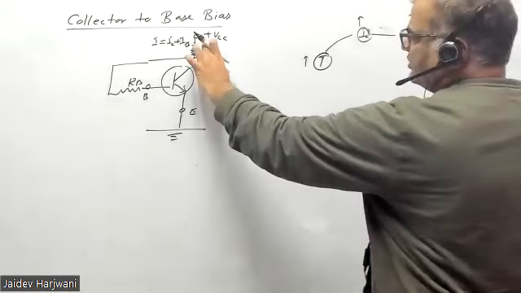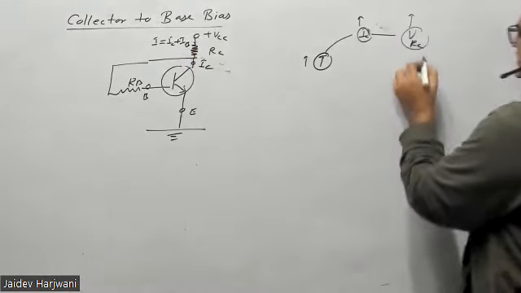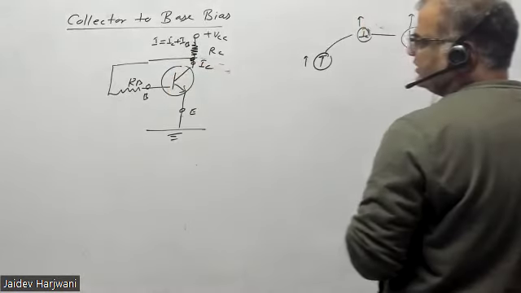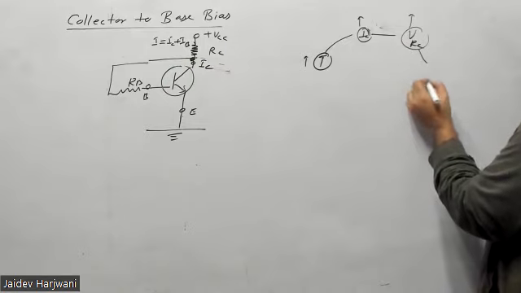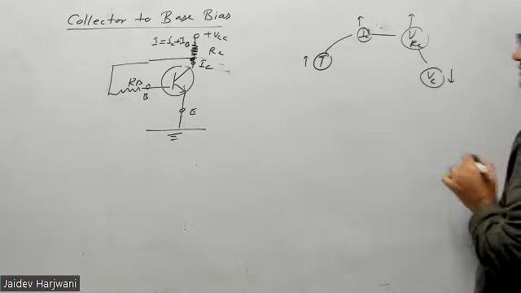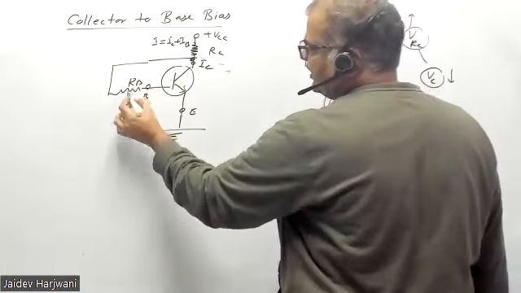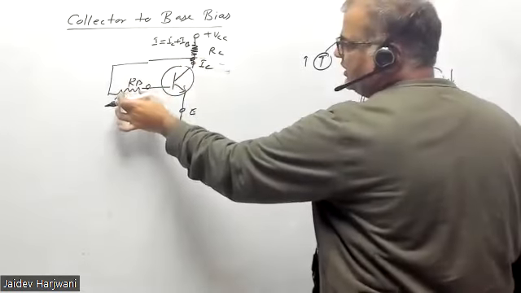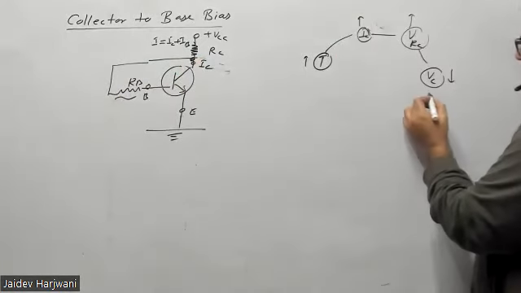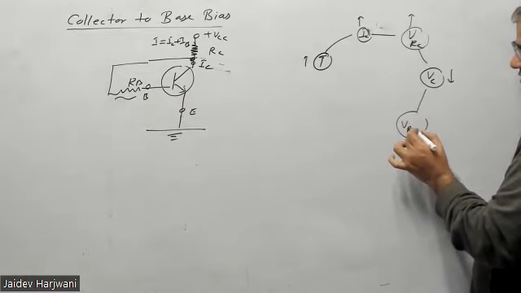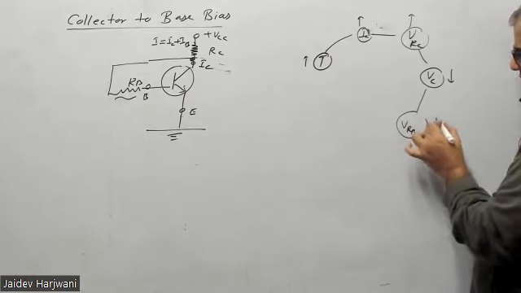When the drop across VRC increases, that means the voltage at the collector, VC, decreases. Now if this voltage decreases, automatically the drop here also will decrease, because this voltage is coming only here and here. So VC decreases, that means the voltage across resistance RB also decreases.